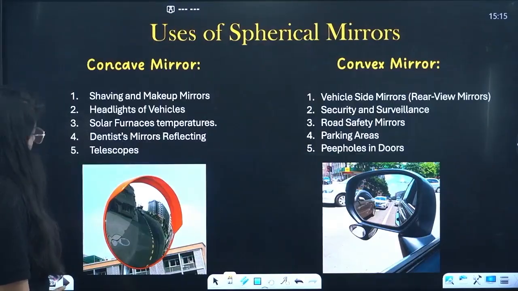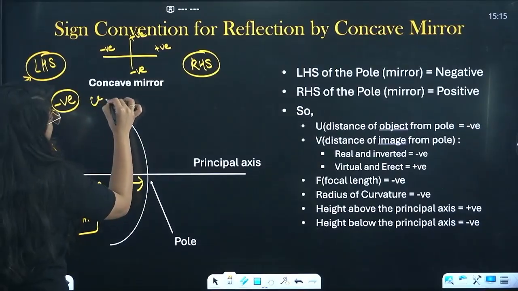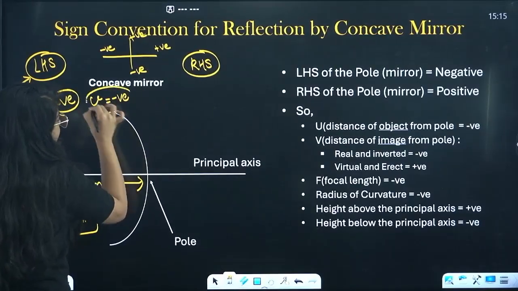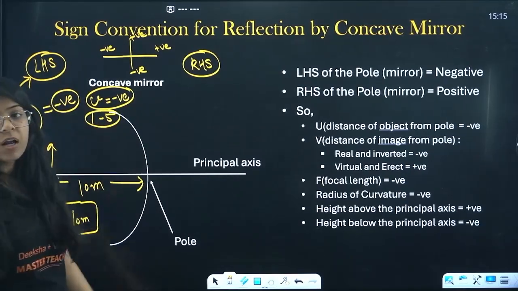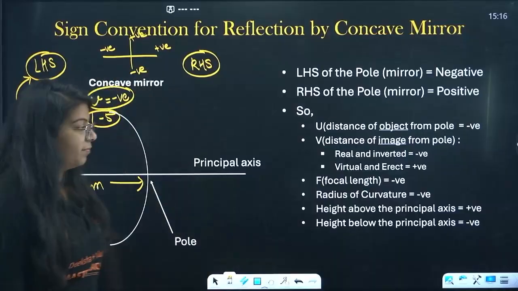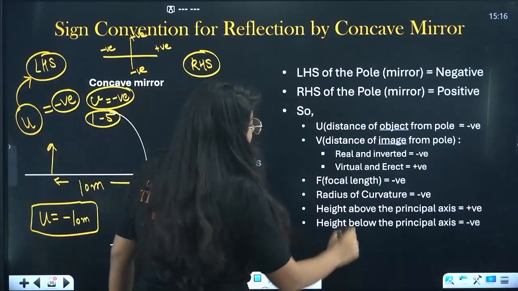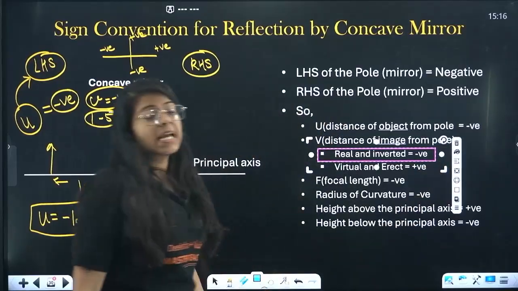So all the images were formed on the left hand side, real and inverted. So v, the image distance, is also negative for the first to 5th cases. See carefully. The image distance for real and inverted is negative.